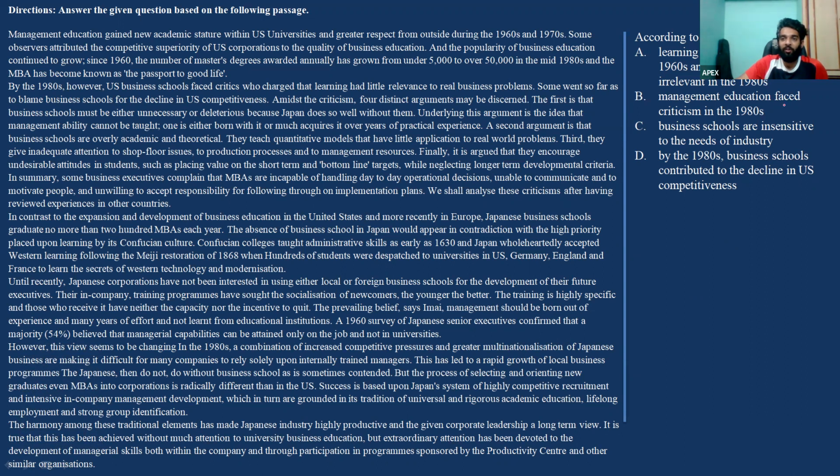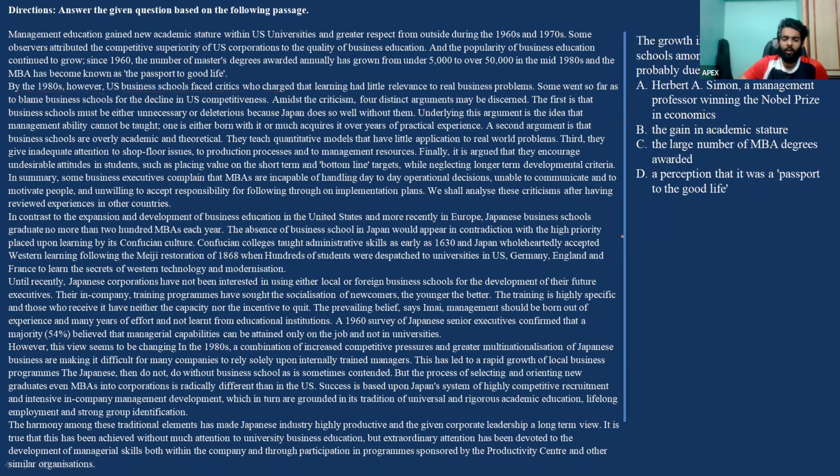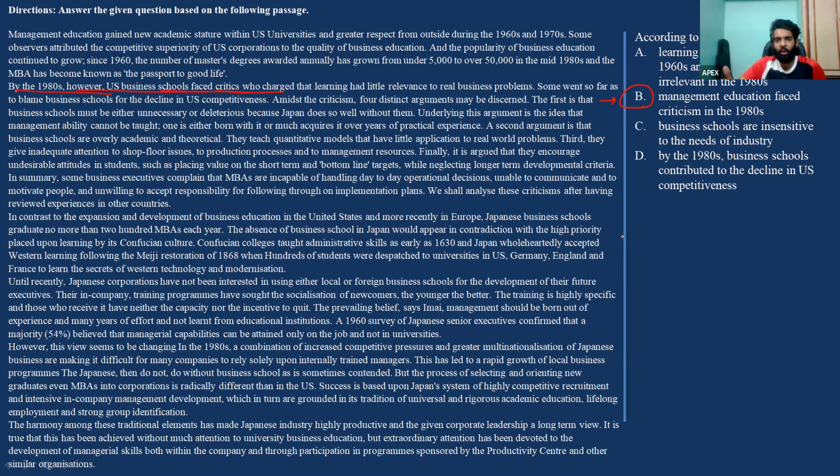The management education faced criticism in the 1980s. Yes, that's kind of what we've underlined somewhere, right? I think I've erased the ink, but yeah, over here. So we can clearly see that this comes right from here. So that is our answer. I'm not even going to look at the other 2 options because clearly we've gotten our answer right from the passage. So this is a specific detailed question.